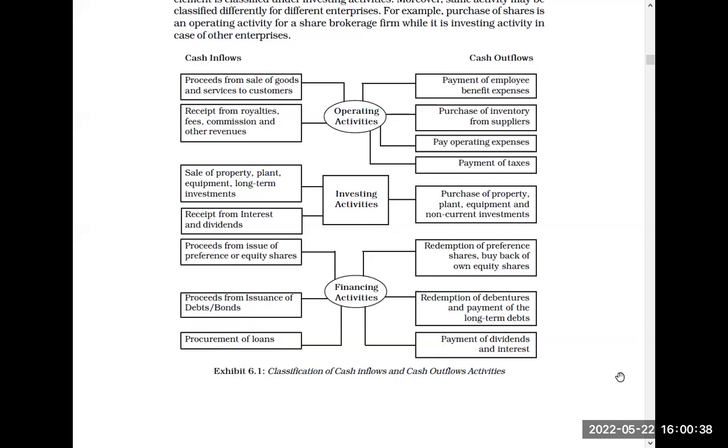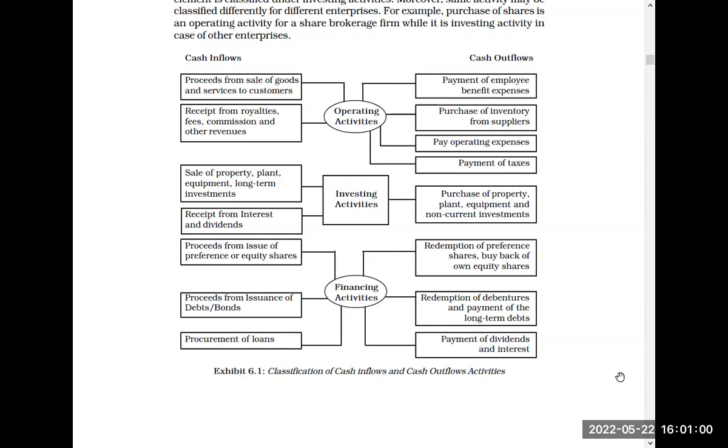Sale of property. You told us sale of asset, sale of fixed asset. Example: plant, equipment, long-term investments. I think you did not include that long-term investment sale. You told investment, but not disinvestment. I already bought some shares of a company, and I'm selling it now.